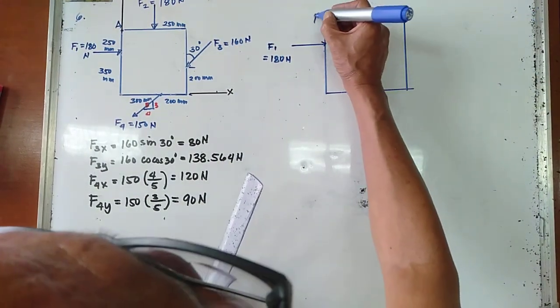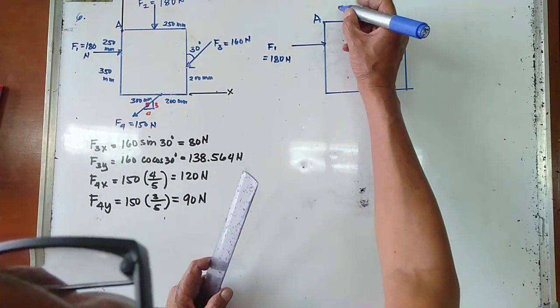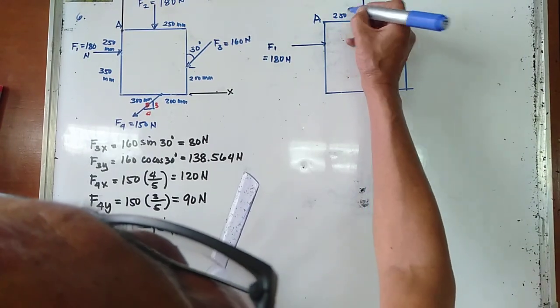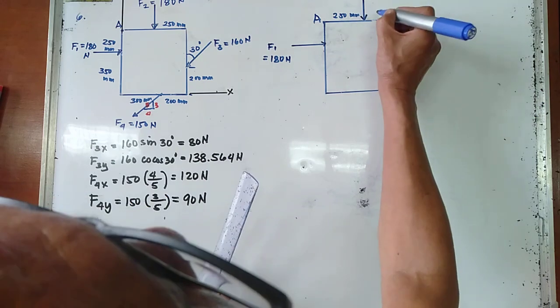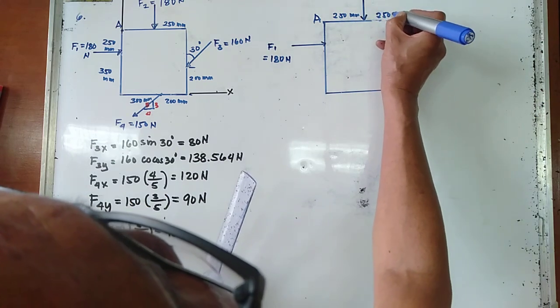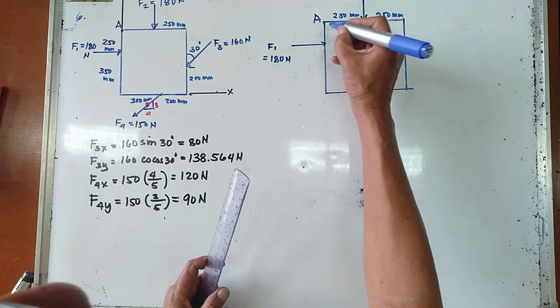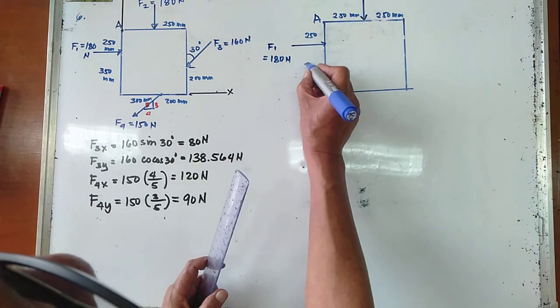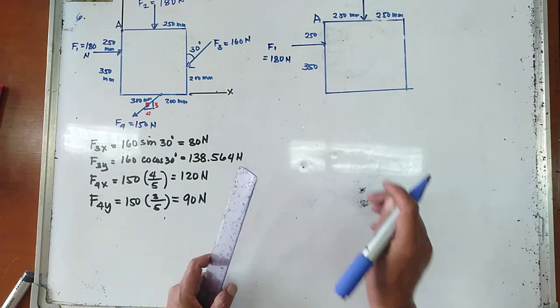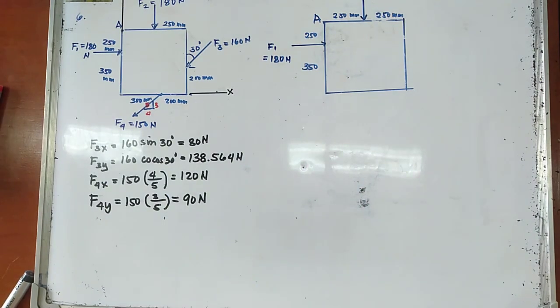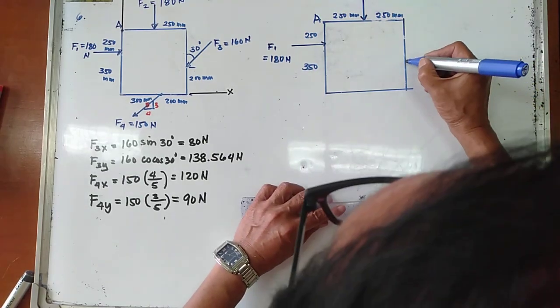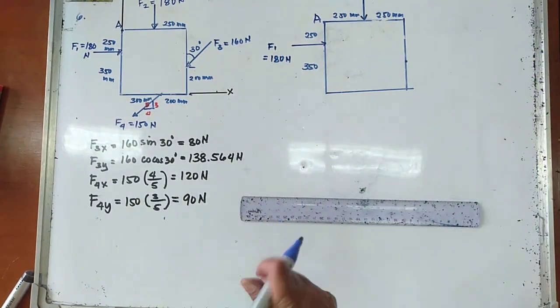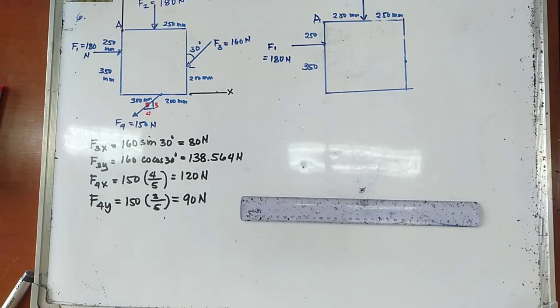This is your point A. So we have 250 mm, and this one is 250 mm, and this one is 350 mm. So there's your point in here. So I'm just going to use red.